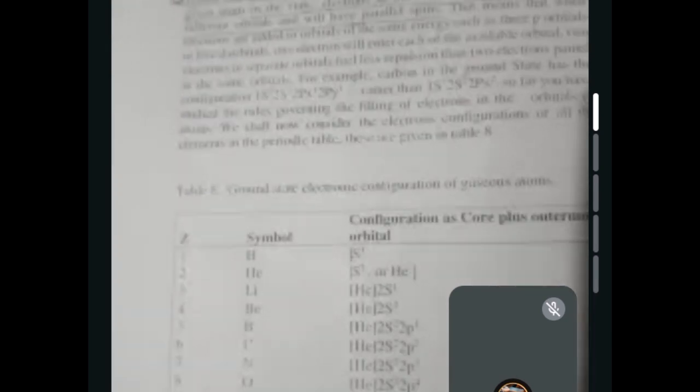So here they are using krypton because krypton is the closest noble gas to the element they are writing. Instead of writing 1s2 and so on, you just need to know the atomic number of the noble gas used.